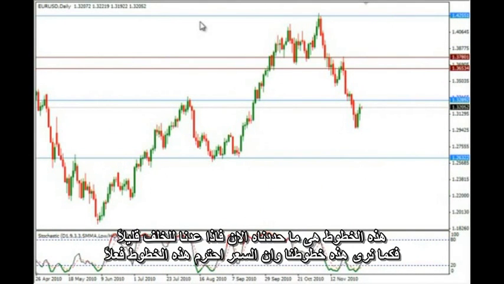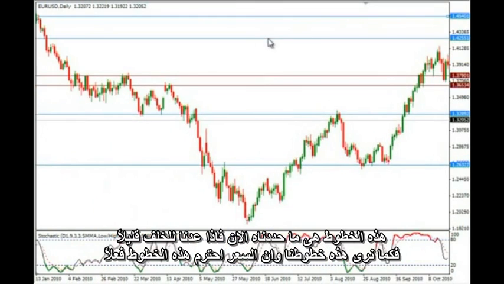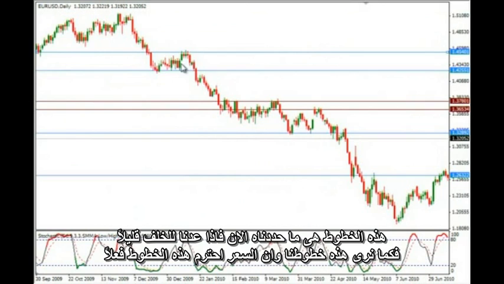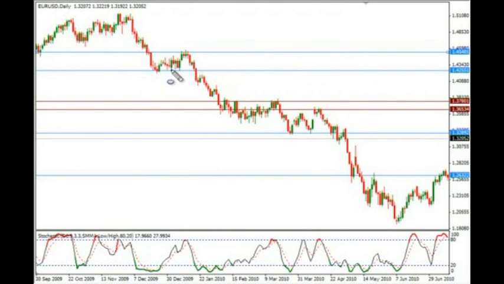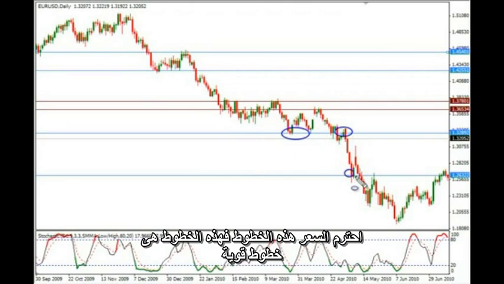These are the lines that we have just placed. If I go back, as you can see, there are the lines, and you can see they're very well respected. These lines are respected really nicely.